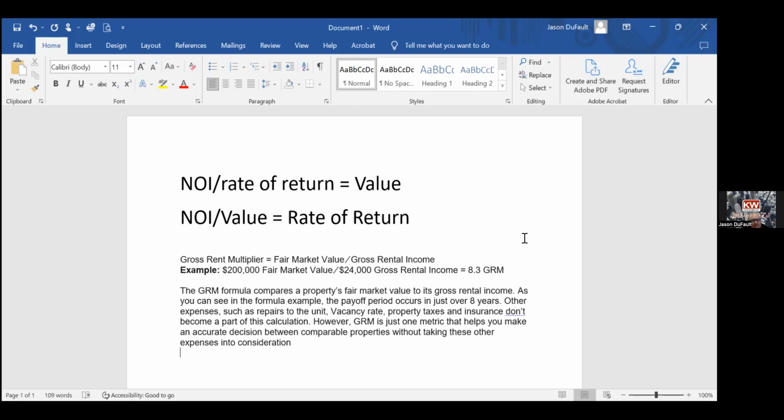And people that only use gross rent multipliers as a valuation tool like to see the number at 15 or below. Historically, people talk about wanting a gross rent multiplier of 5 or 7. In California, it doesn't exist.